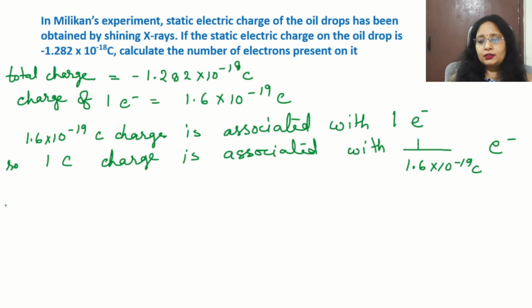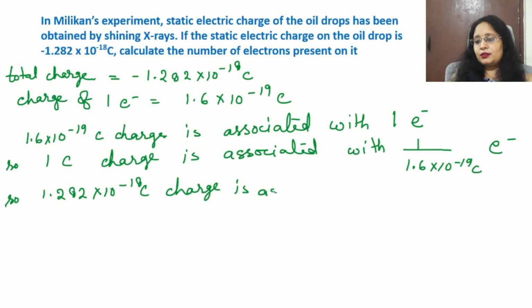So 1.282 into 10 to the power minus 18 coulomb charge is with, so then this number will be in multiplication.